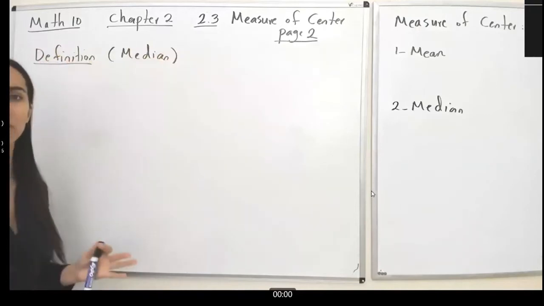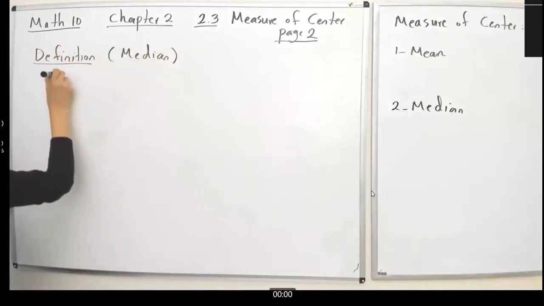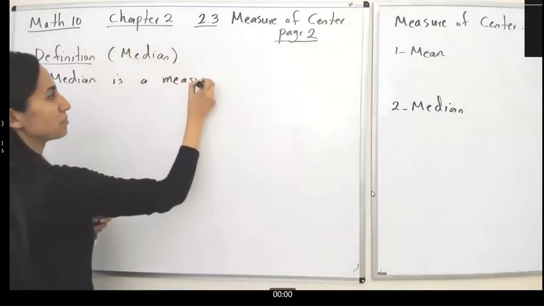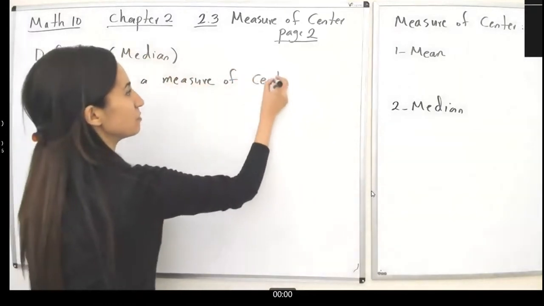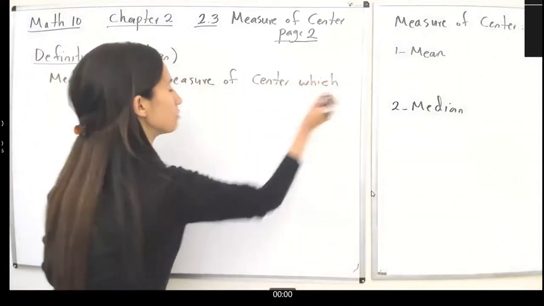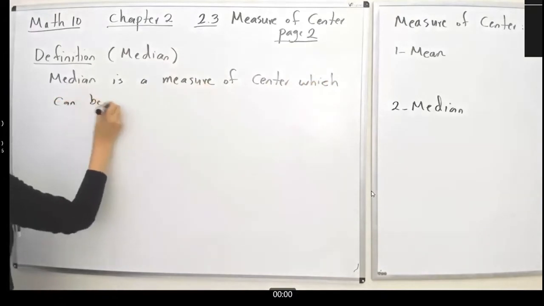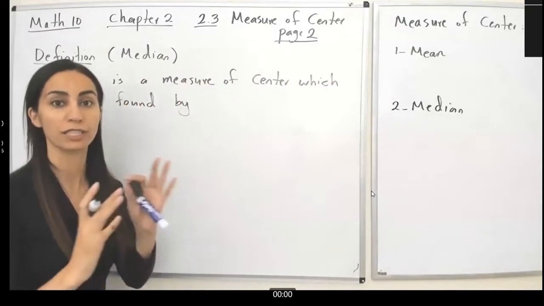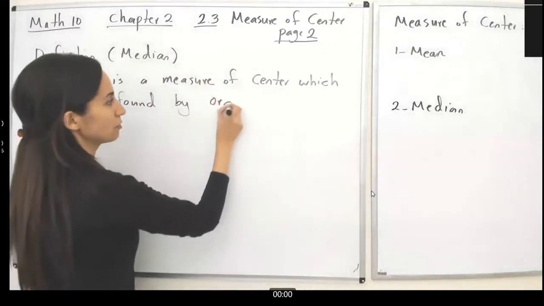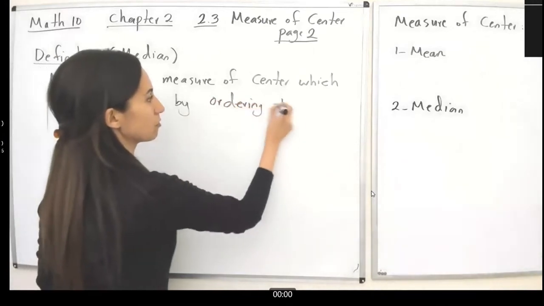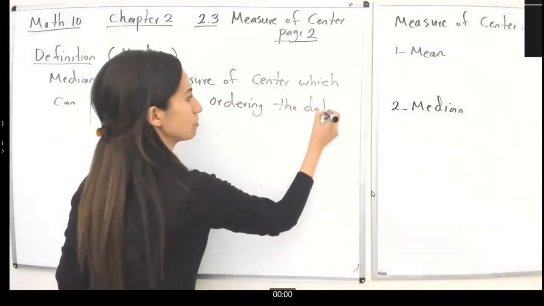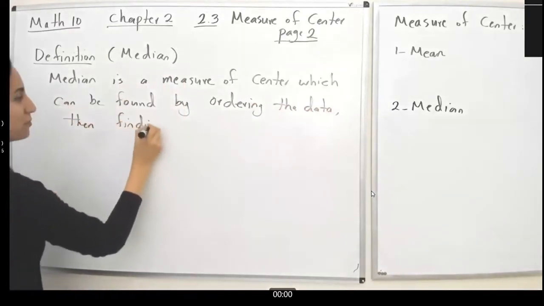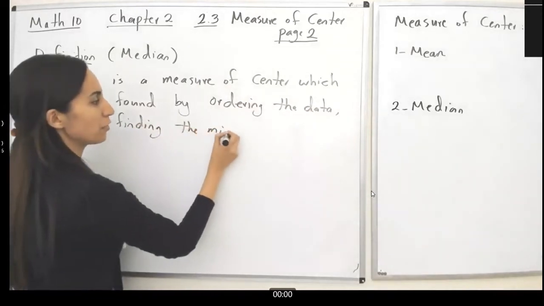What is the median? The median is the middle number. The median is a measure of center, which can be found by first ordering the data, then finding the middle number.